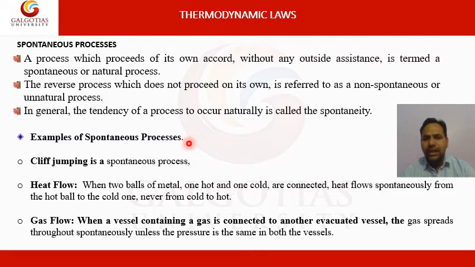When a vessel containing a gas is connected to another evacuated vessel, the gas spreads throughout spontaneously until the pressure is the same in both vessels. So a free-flowing, natural process is called a spontaneous process.